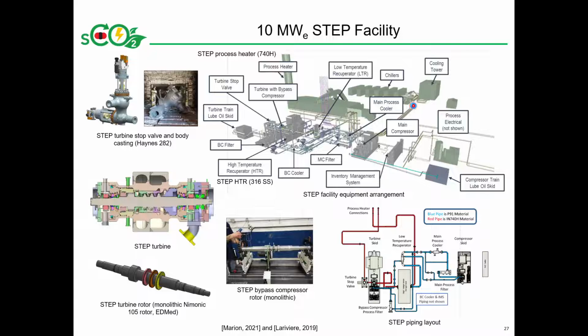This slide is an overview of the 10 megawatt STEP facility and some of the components within that facility. I want to highlight some of the materials that are used for some of these components, as well as relate that back to what we saw previously in this tutorial on the work that's been done on the AUSC material development. This figure shows the overall STEP facility equipment arrangement.